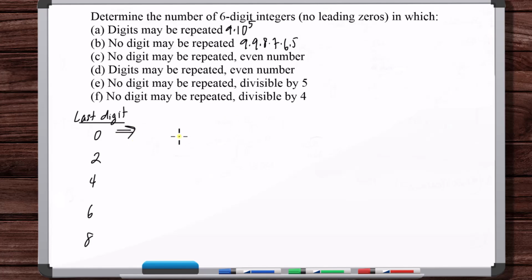So the first digit is going to have 9 possible outcomes because it can't be 0. Then we've got 1, 2, 3, 4. The last digit is fixed. We're not multiplying anything, there are no outcomes to multiply here. It's 1.